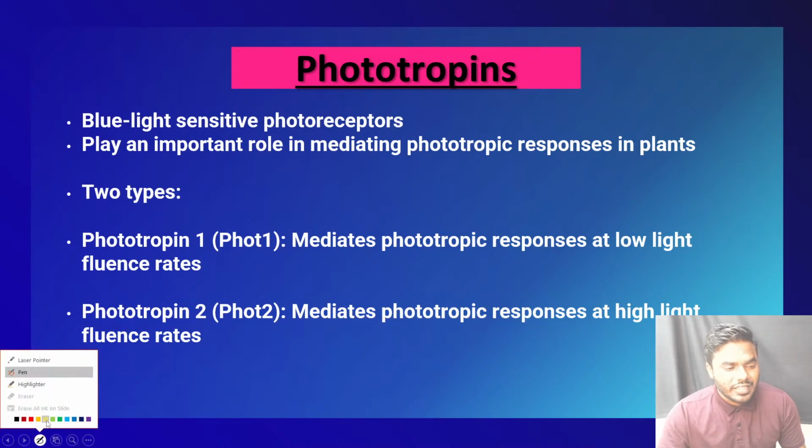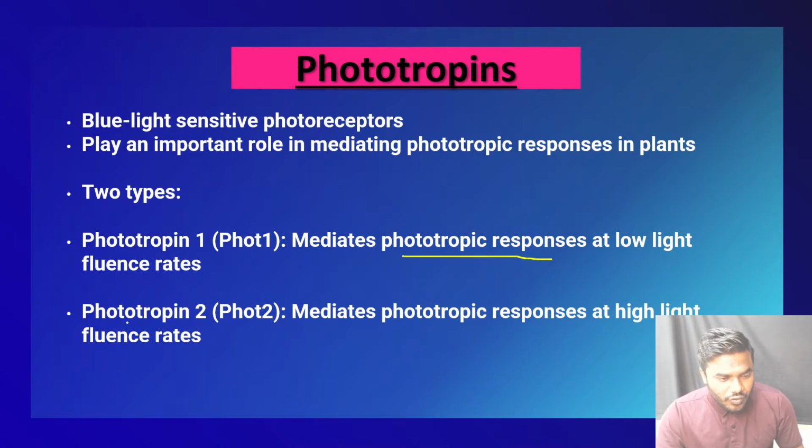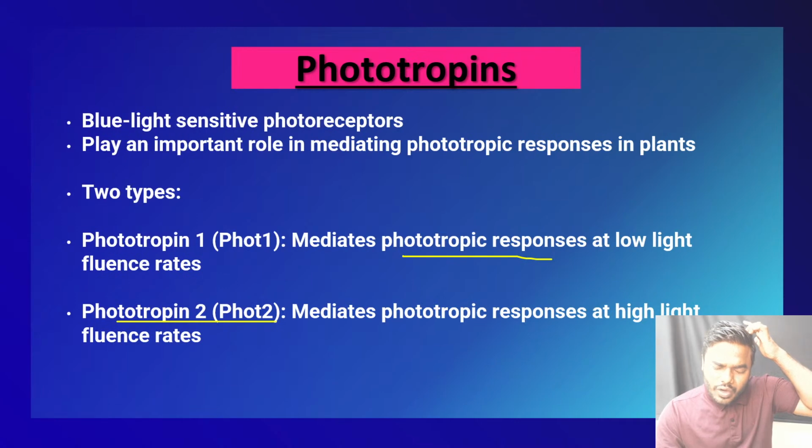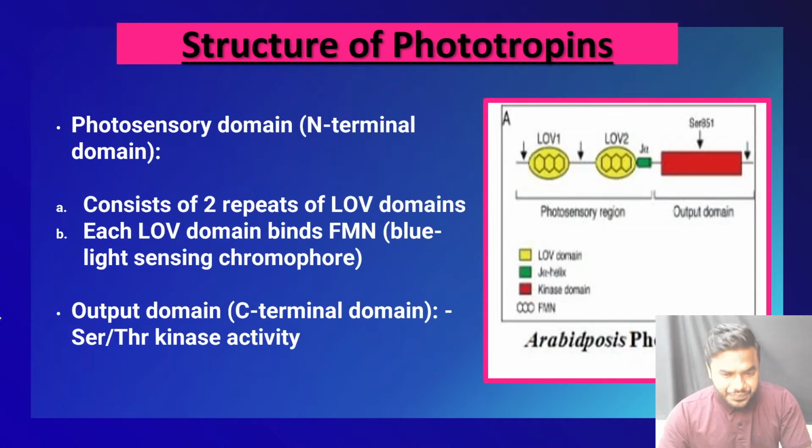Kindly do not forget this point. Same way, phototropin 1, even though light is low, that's sufficient; it can show its response. Phototropin 2, if it wants to show any kind of response, the light should be at a very high intensity.